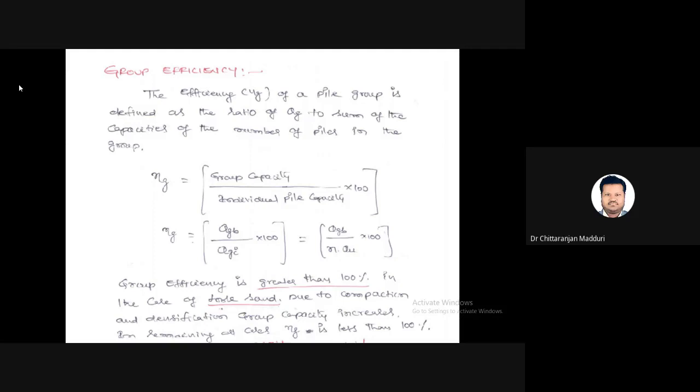So please remember, group efficiency is greater than 100% only in the case of loose sand, because due to compaction and densification the group capacity increases. In all remaining cases, group efficiency is less than 100%. So group efficiency is the ratio of group capacity to individual pile capacity.